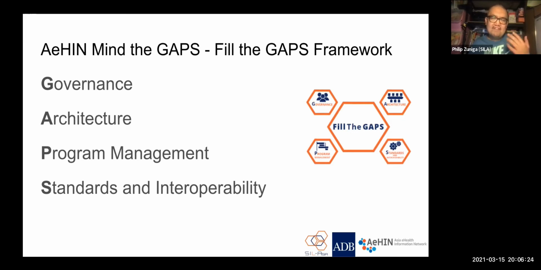We have repeatedly discussed this in AeHIN, and we have seen success stories across the region. For tonight, we will focus on standards and interoperability, because we will be talking about interoperability labs.